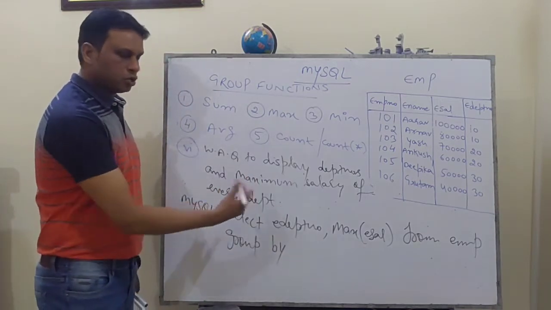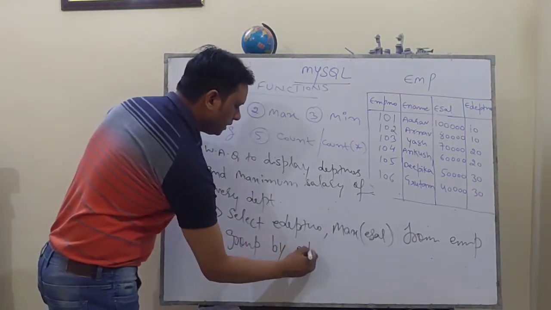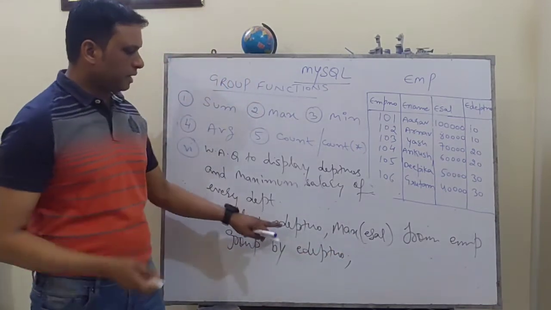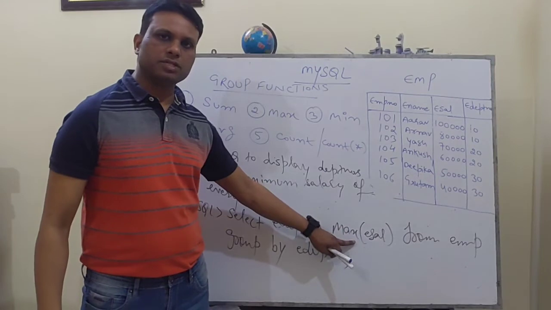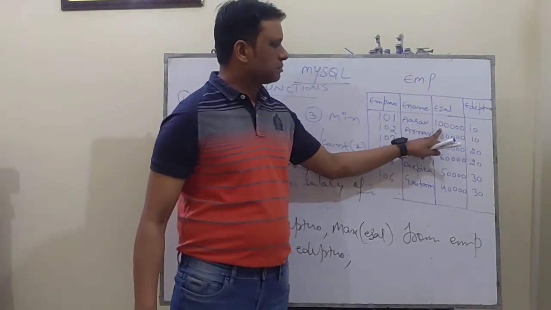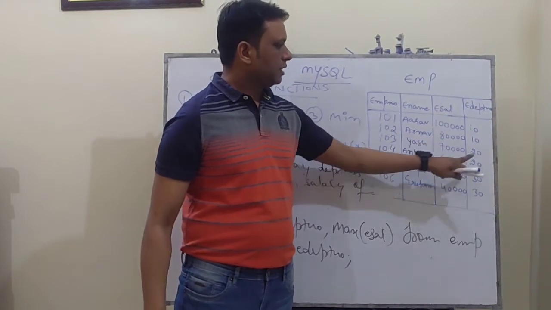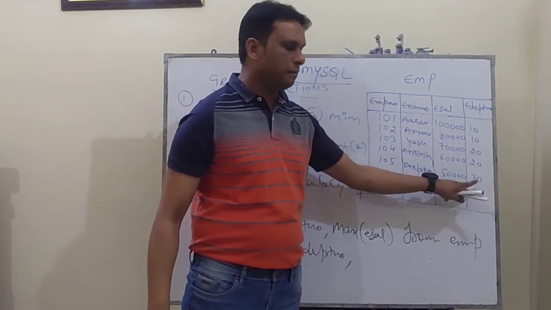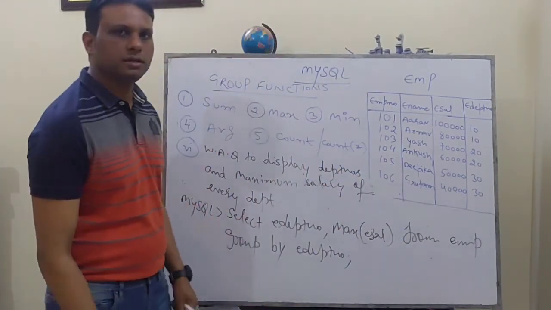What group by? Group by E department number. So we'll get department number and then the maximum salary. The answer will be department number 10 first, maximum salary 1 lakh. 20, maximum salary 70,000. Department number 30, maximum salary 50,000.